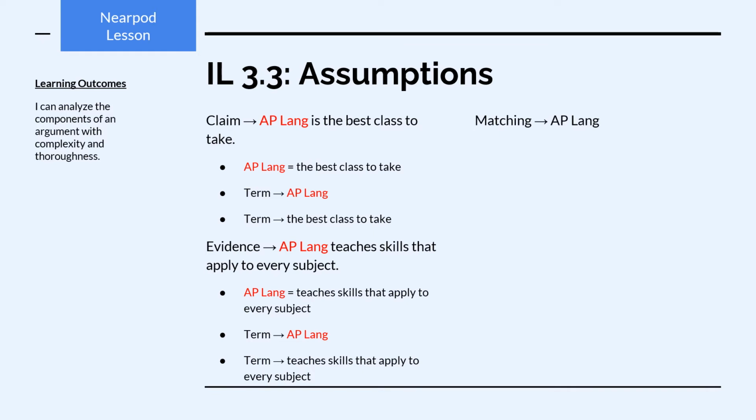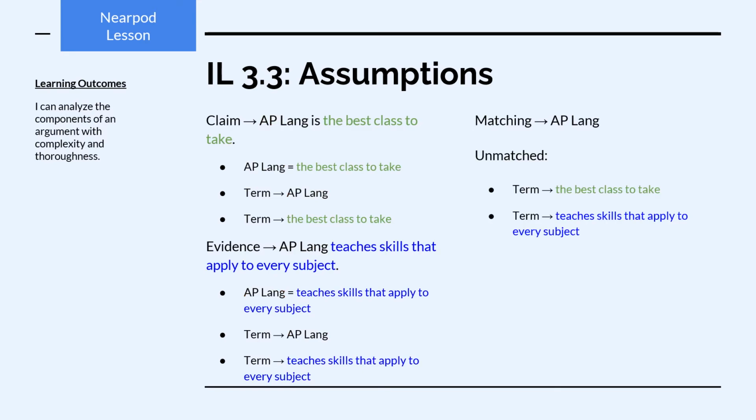Now, looking at both of those statements, I see that I have a term that matches in both of them. In both my claim statement and my evidence statement, one of the terms is AP Lang, so that is my matching term. I also have two unmatched terms: the best class to take from my claim statement and teaches skills that apply to every subject in my evidence statement.